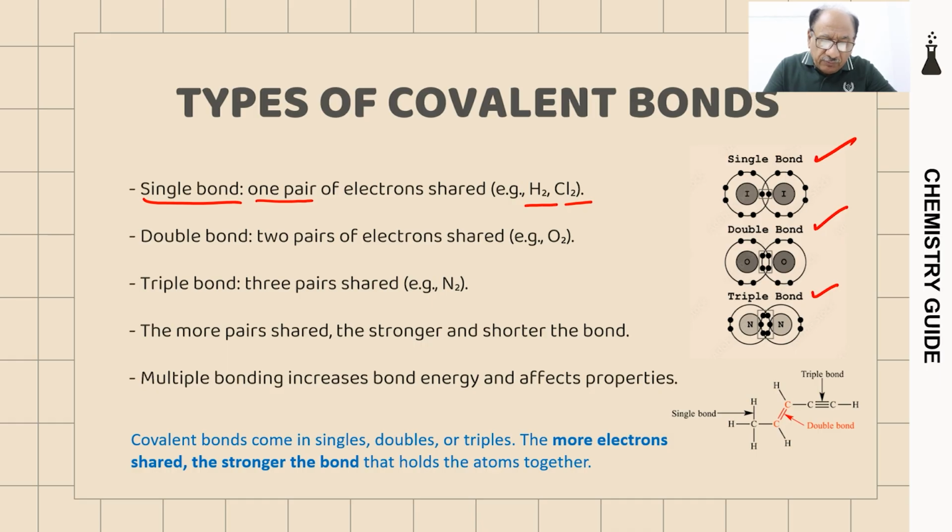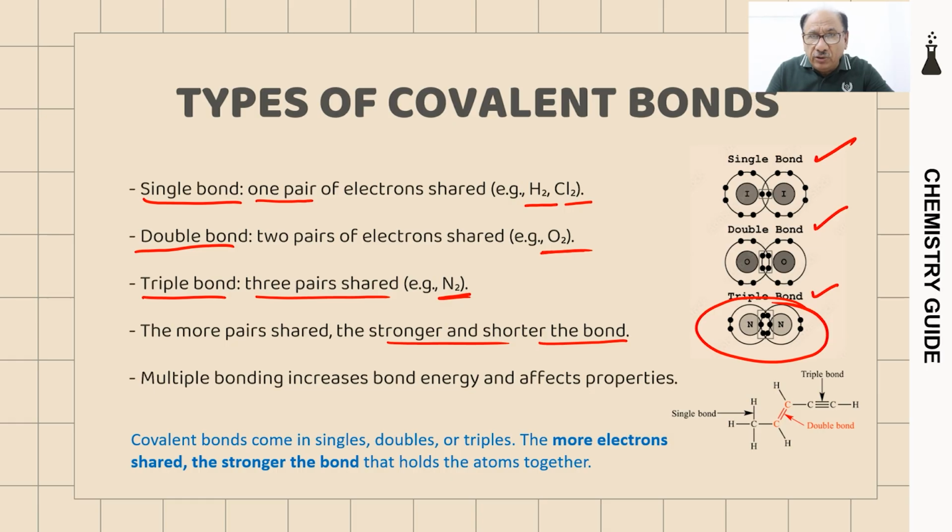A double covalent bond has two pairs of electrons, in total 4 electrons, for example O2. A triple bond is three pairs shared, for example nitrogen. The more pairs shared, the stronger and shorter the bond, as they pull the nuclei with a higher force.